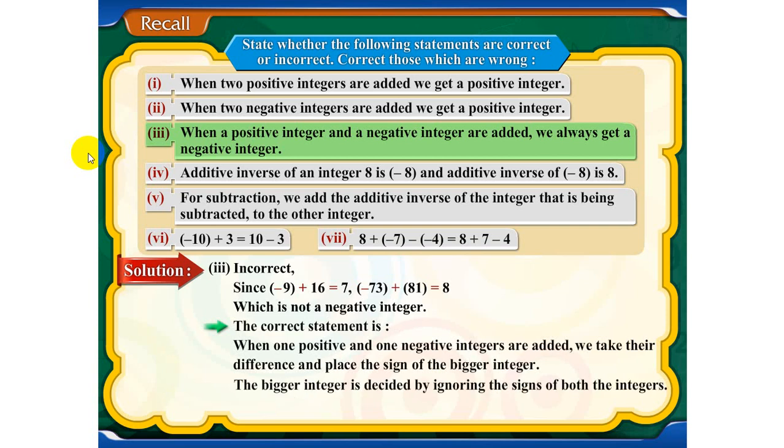The bigger integer is decided by ignoring the signs of both integers. For example, negative 56 plus 73 is equal to 17. Negative 113 plus 82 is equal to negative 31. 125 plus negative 101 is equal to 24.